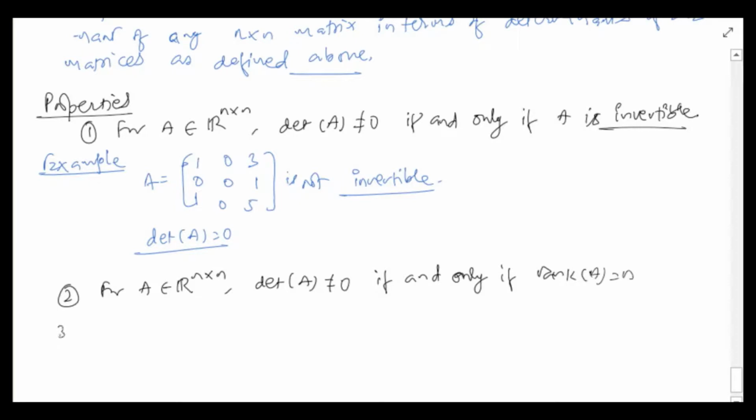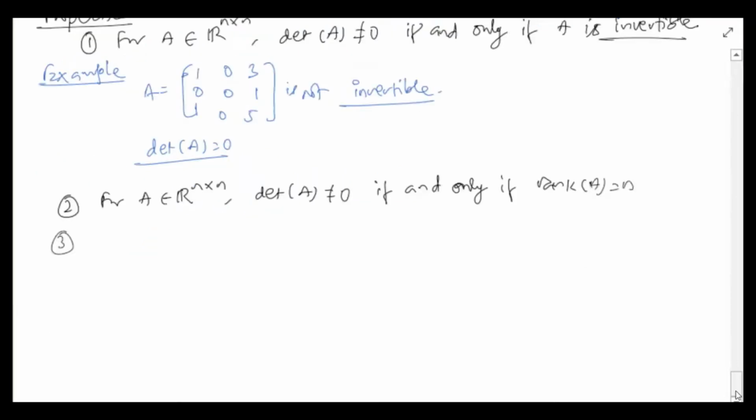Okay, we will see now the third property, but before we see the third property we need a few definitions, and these are definitions of so-called upper triangular and lower triangular matrices. So let's see what these are. Lower triangular matrices.